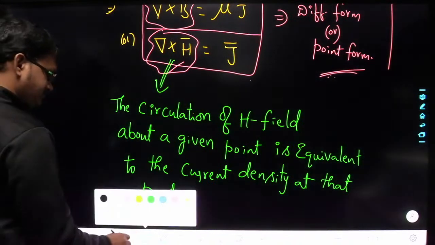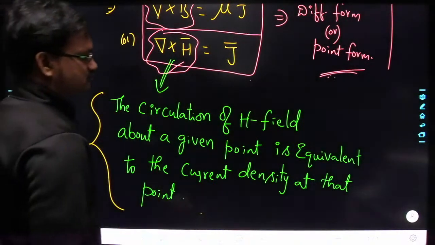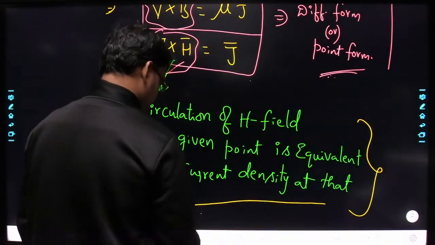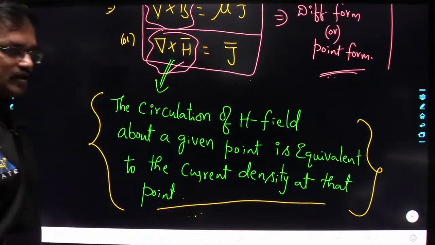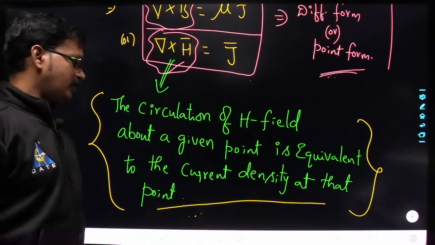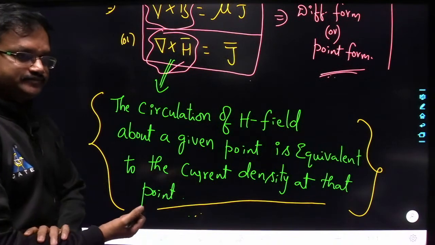Note down here, Parasmoon. The circulation of H field about a given point is equivalent to what? Is equivalent to the current density at that point.